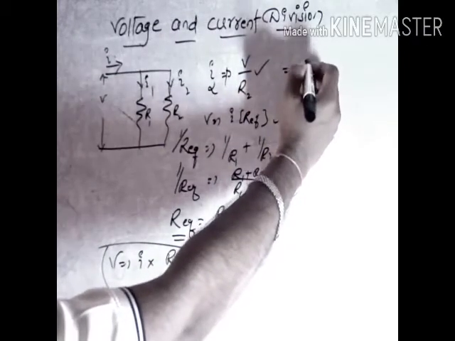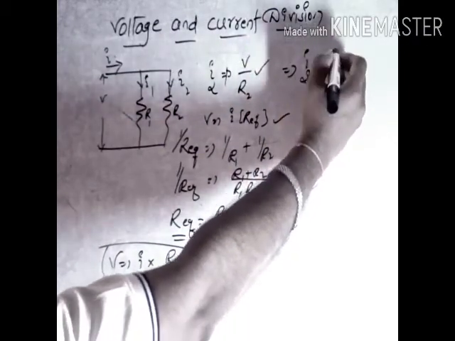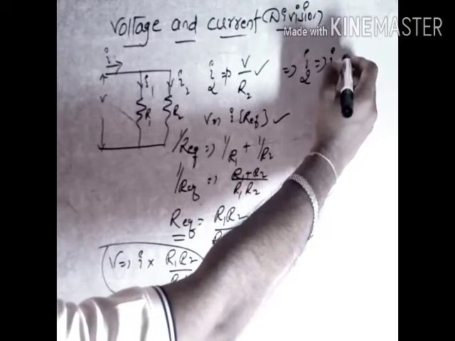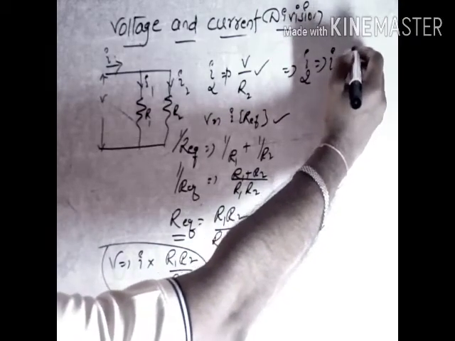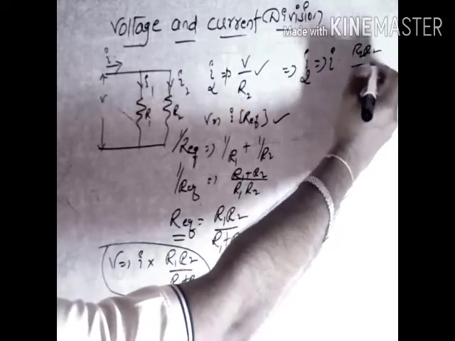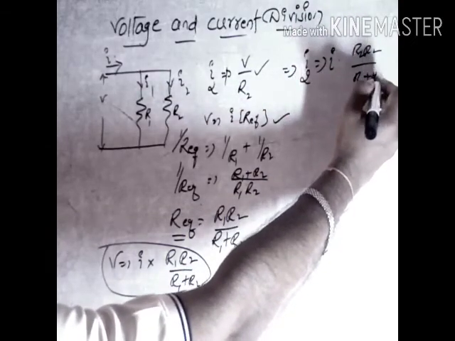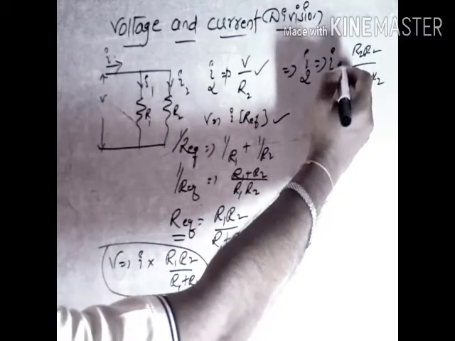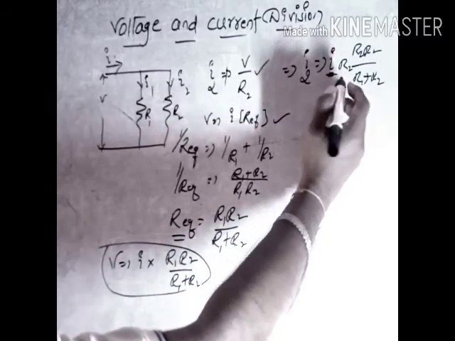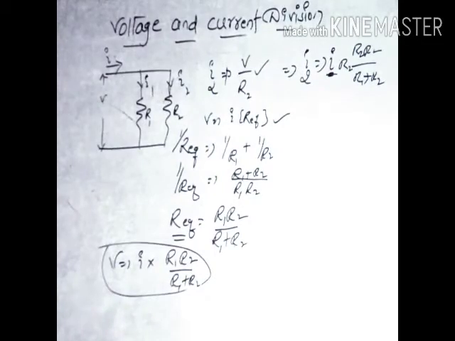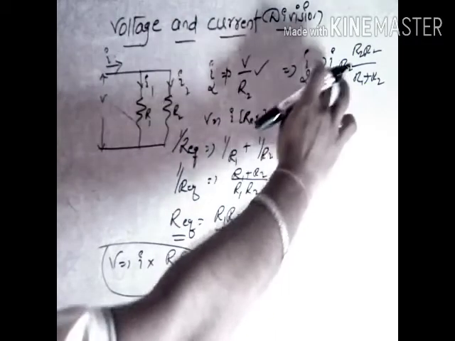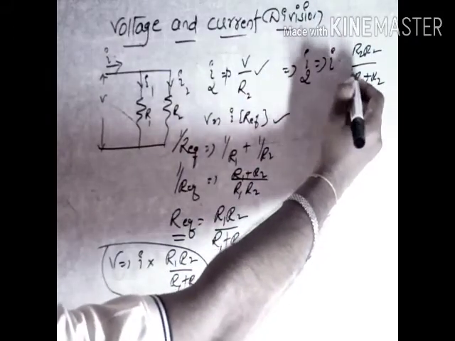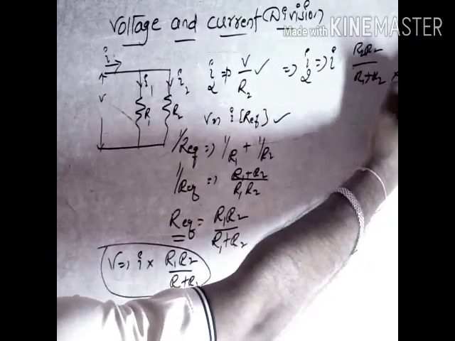So we get the I2 value equals I into R1 R2 by (R1 plus R2) into... sorry, I2 equals V by R2, where V equals this value, and R2 is already there.